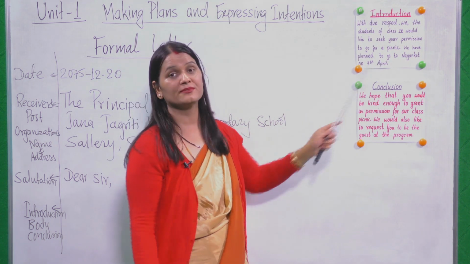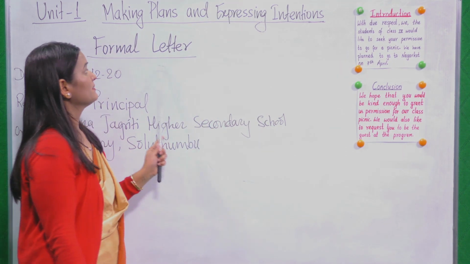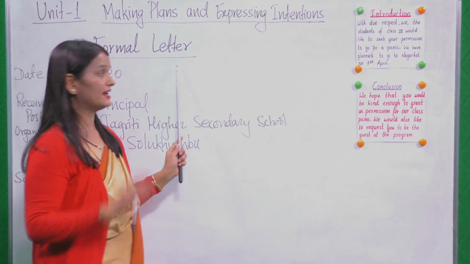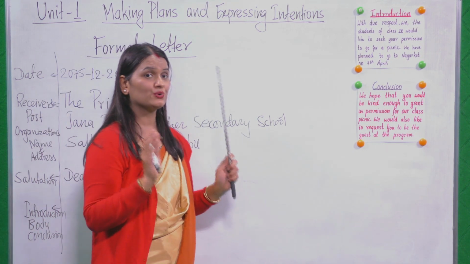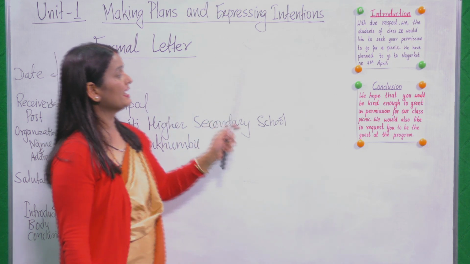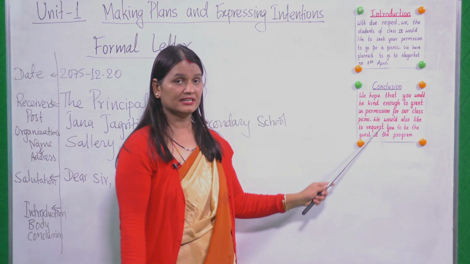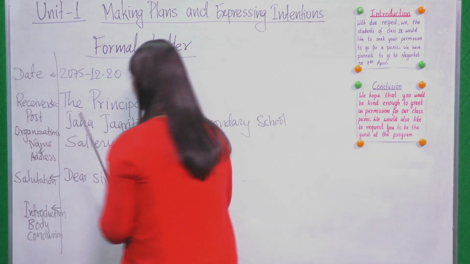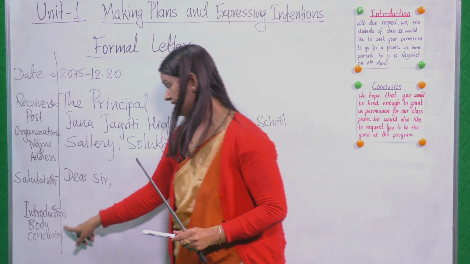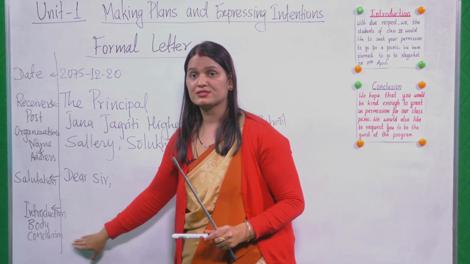I mean, you do not have to write very long, because this is a formal letter. Formal letters should be short and very clear. Okay, your intention, what you want, you have to write there in short. So here also in the conclusion we have written in this way. This is an example. As I have written here, the introduction, the body we had already discussed, and the conclusion is here.